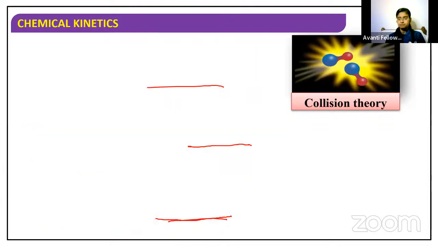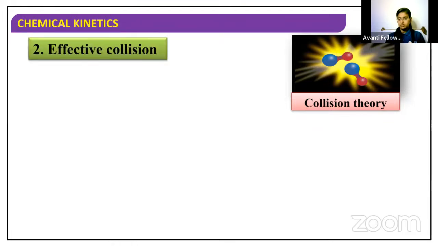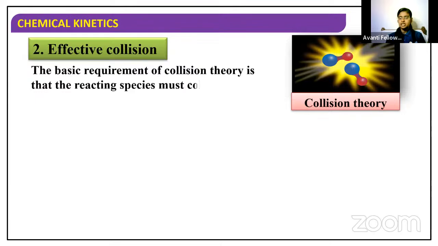Okay. Now we'll move on to the second factor, which is called effective collision. The basic requirement of collision theory is that the reacting species must collide. This is what we have been seeing from the beginning of this collision theory, right?